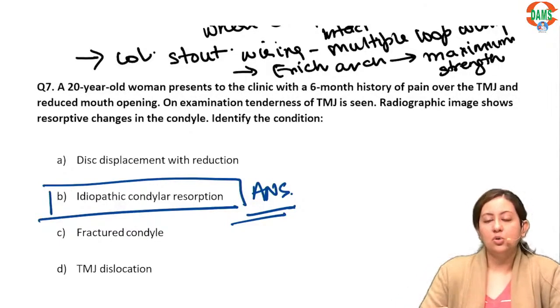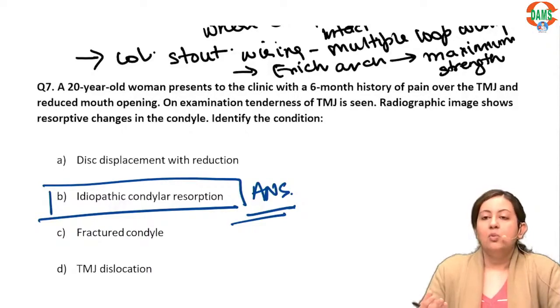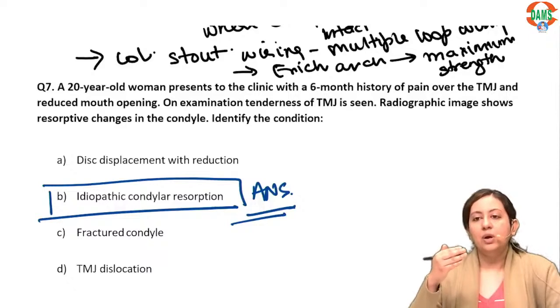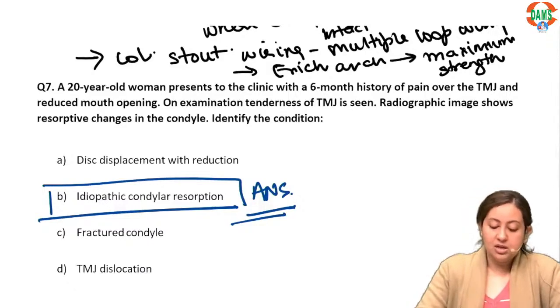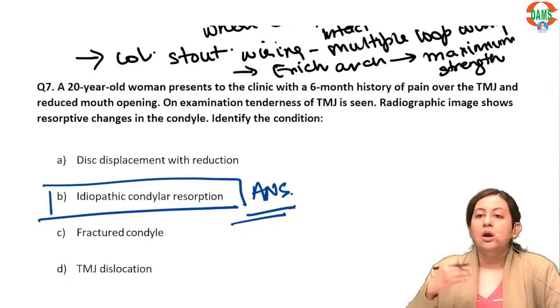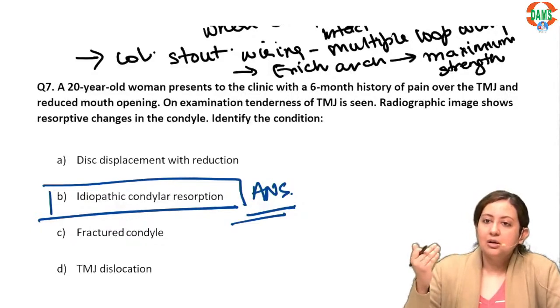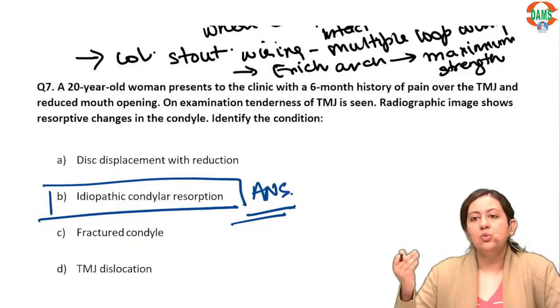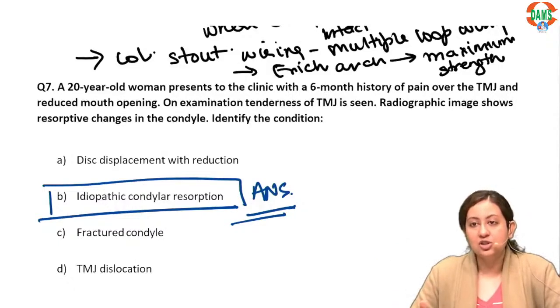Now you want to find out the option. When you want to eliminate, you go to the option, like we did with disc displacement with reduction, go through the clinical presenting features or any radiographic features of that option, and then try to match them with your question.